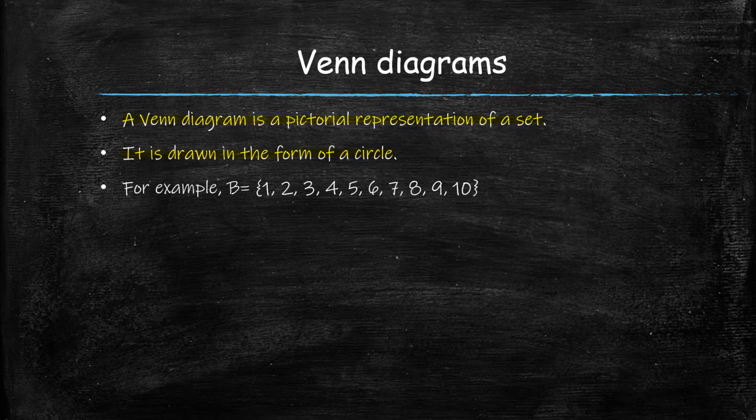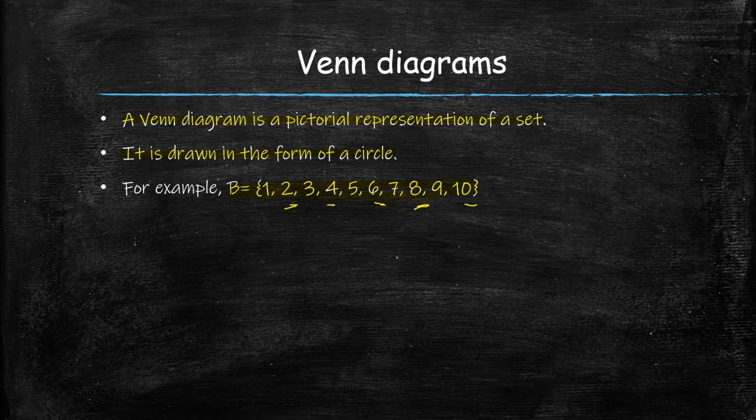Here we have another example, set B. It is a set of natural numbers from 1 to 10, and you have to make a Venn diagram on the set of even numbers. Then what are the even numbers here? 2, 4, 6, 8, 10.